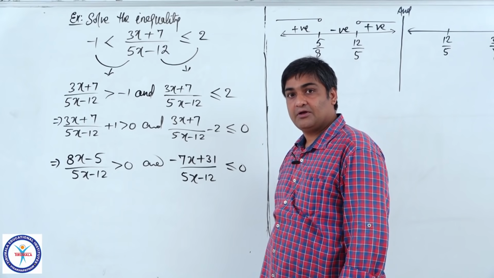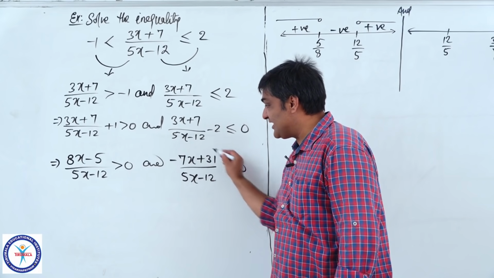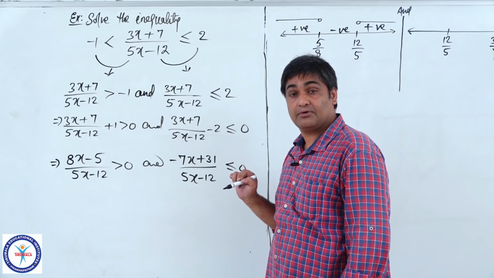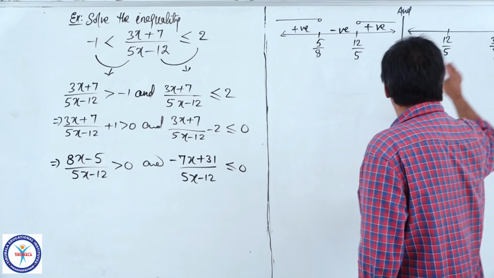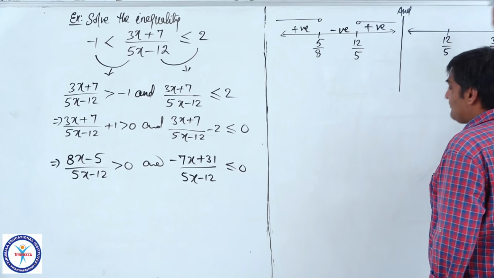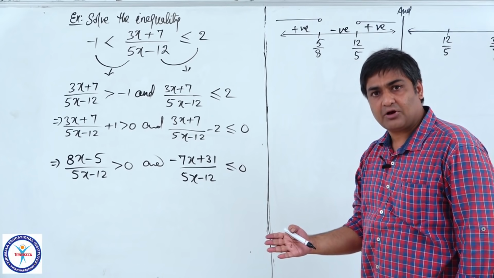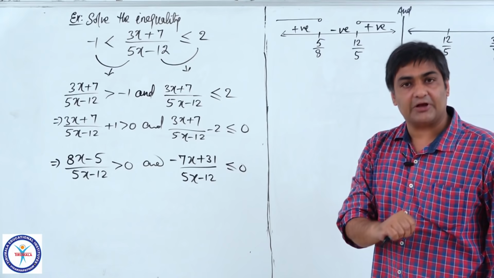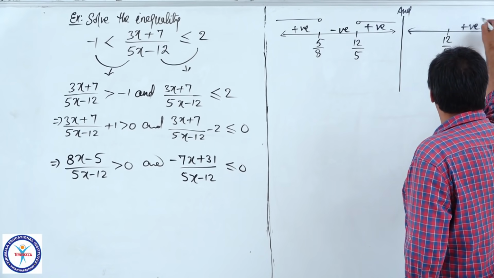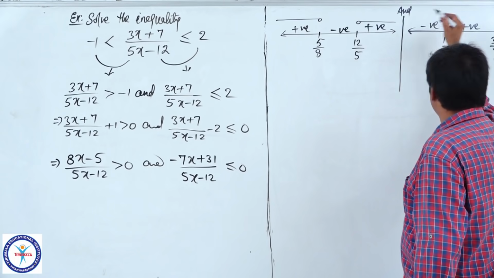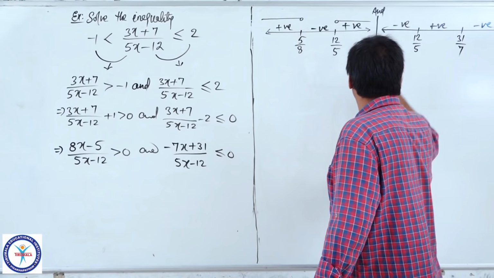Observe carefully. When we put x equal to 100, actually this expression is negative. So here it is negative, and of course these roots are 1 time, means odd number of times. So every time we cross, the sign will change. So positive, negative. We need less than or equal to.